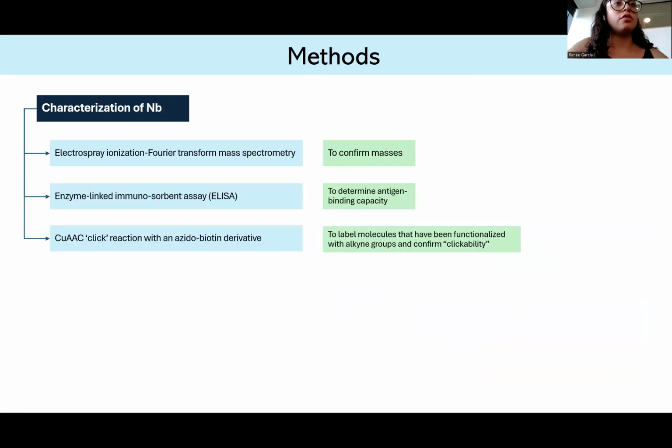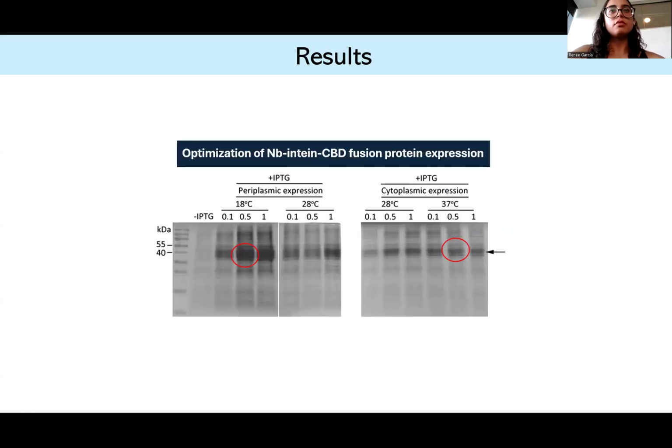As for the characterization of the nanobody, they do electrospray ionization Fourier transform mass spectrometry to confirm masses, and enzyme-linked immunosorbent assay to determine antigen binding capacity, and the click reaction with an azide-biotin derivative to label the molecules that have been functionalized with alkyne groups and confirm the clickability so they can be actually used for targeting purposes.